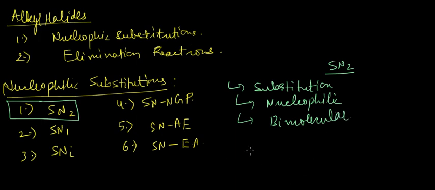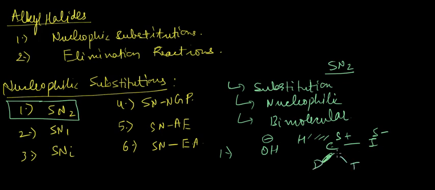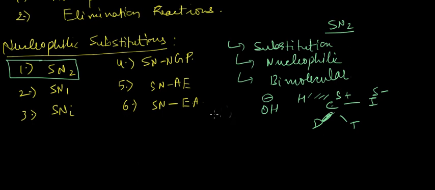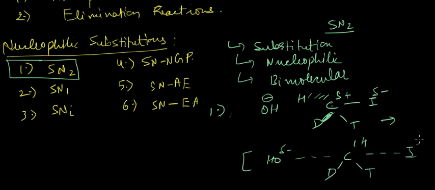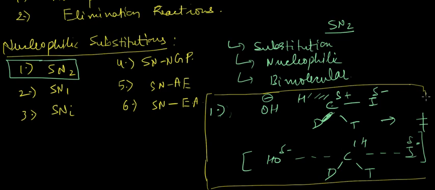If you see something like OH minus attacking on C with H, D and T, with a partial positive on carbon and a partial negative on iodine, you would get this as your transition state, with a negative charge here, H, D, T, and iodine leaving with delta negative. This is the transition state.